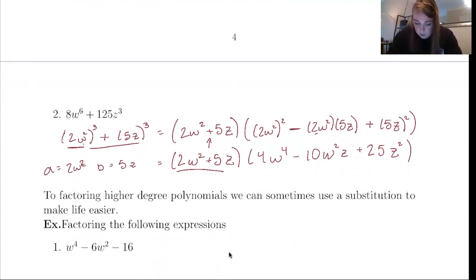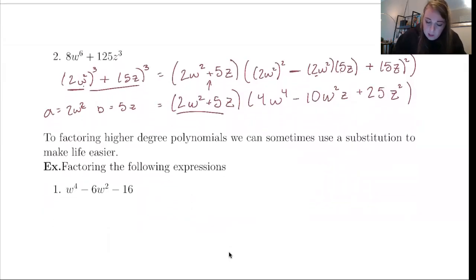All right. What we're talking about in this section now is when I have something like w to the fourth minus 6w squared minus 16. I would know how to do that if it were x squared and x, but it's w to the fourth and w squared. So what if I just let our friend x here be w squared?